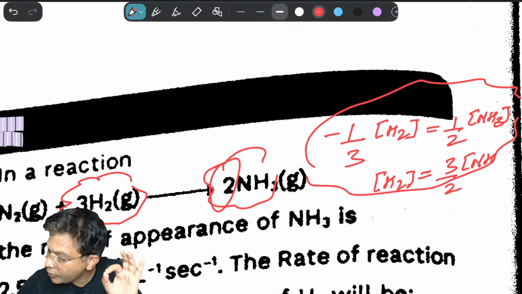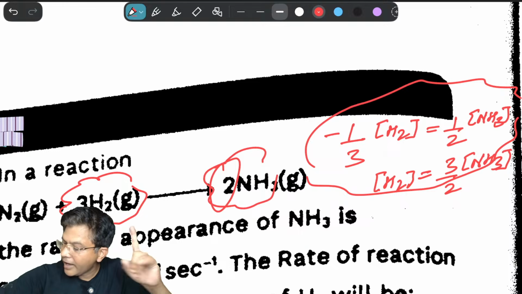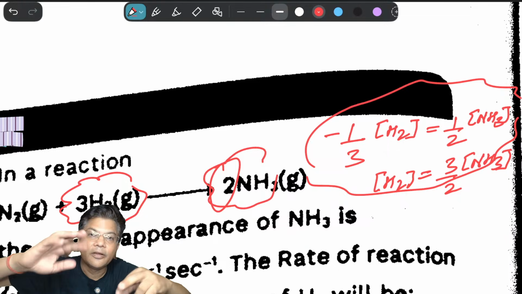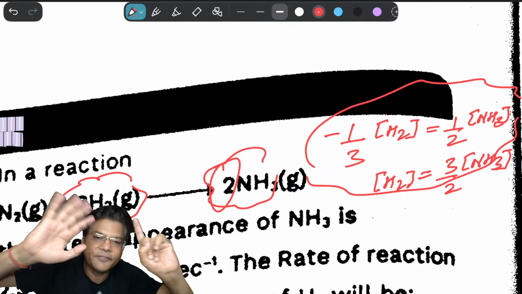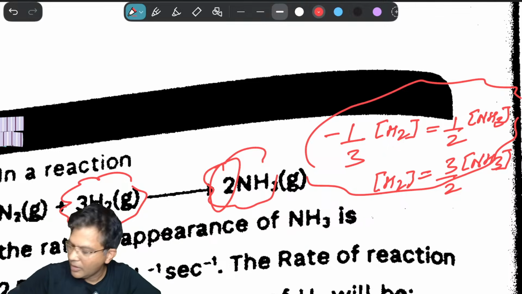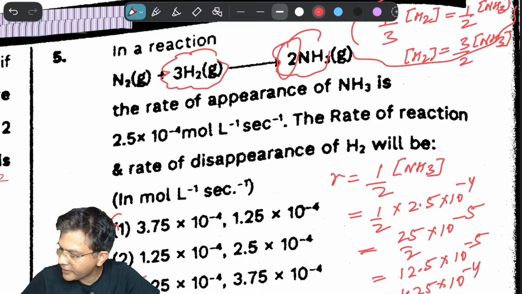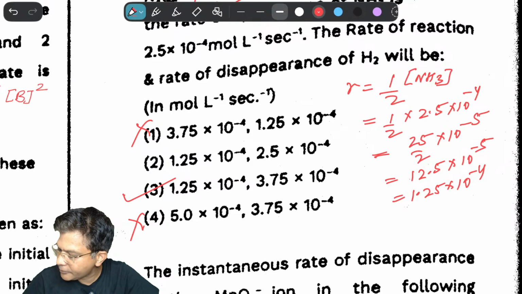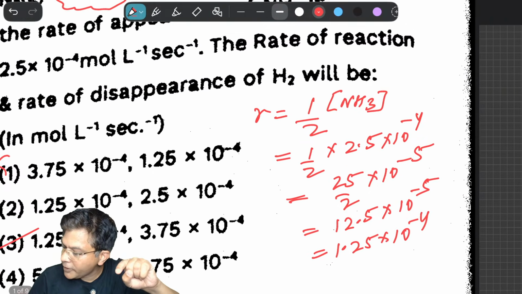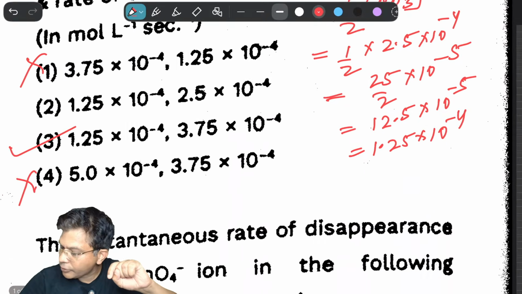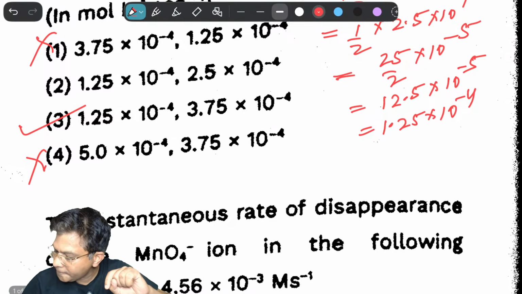That I have told you orally, because of the difference of 1.5 times. So what should be the 1.25 into 3 by 2?